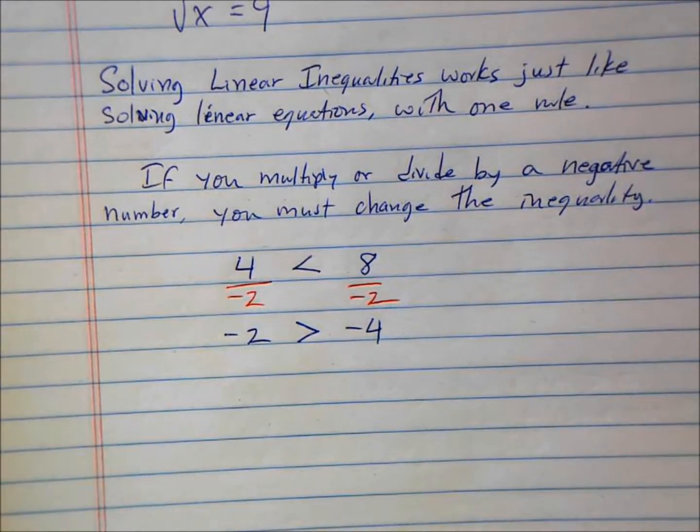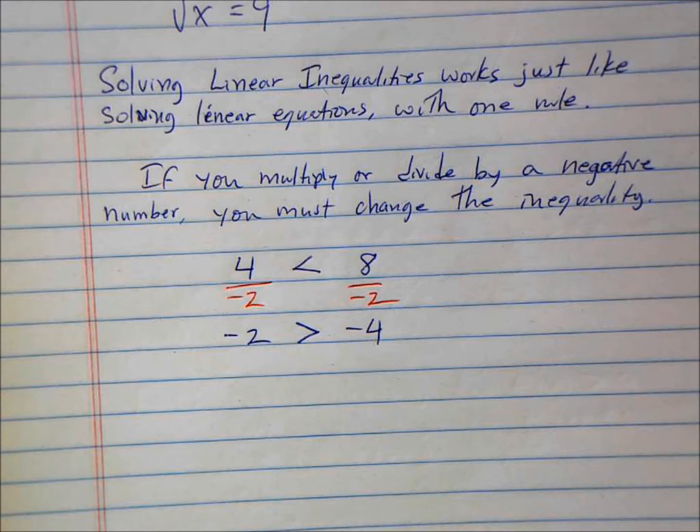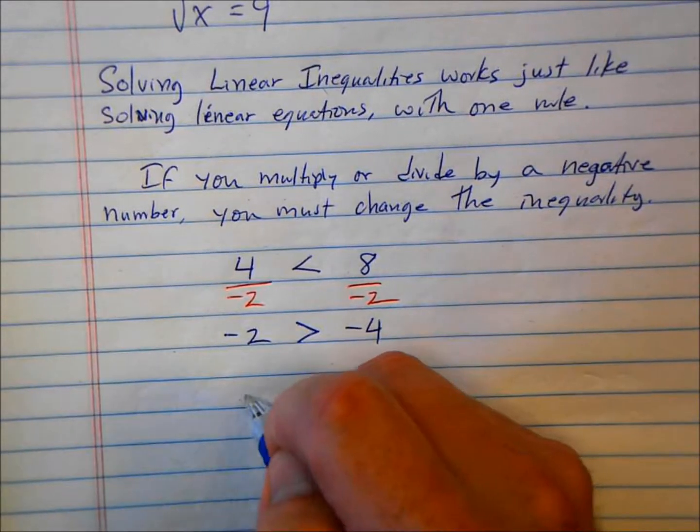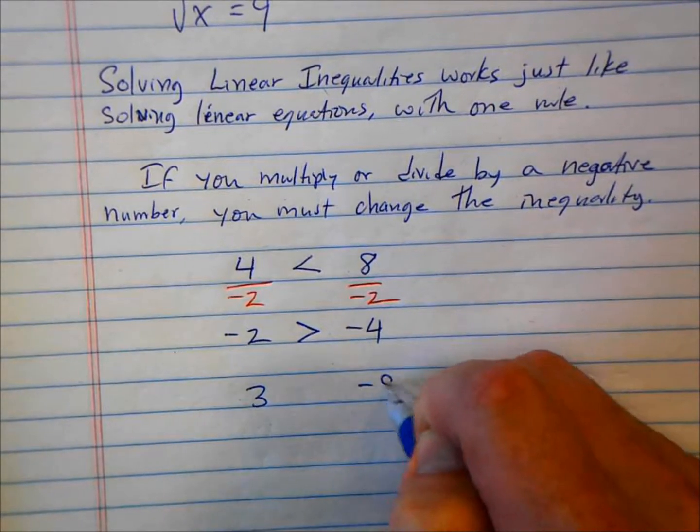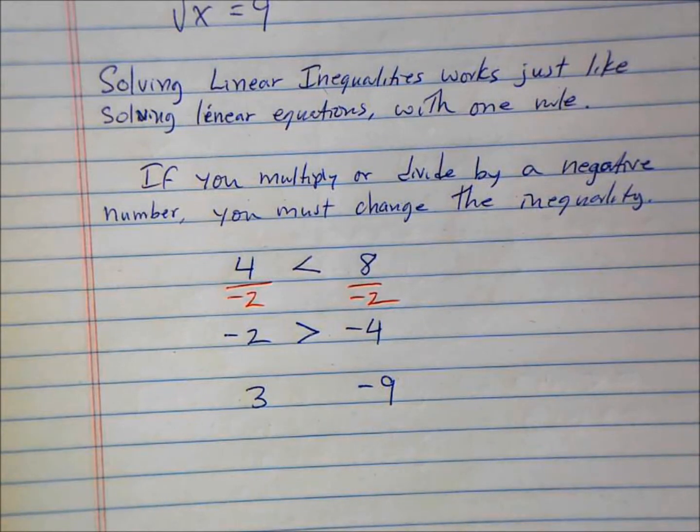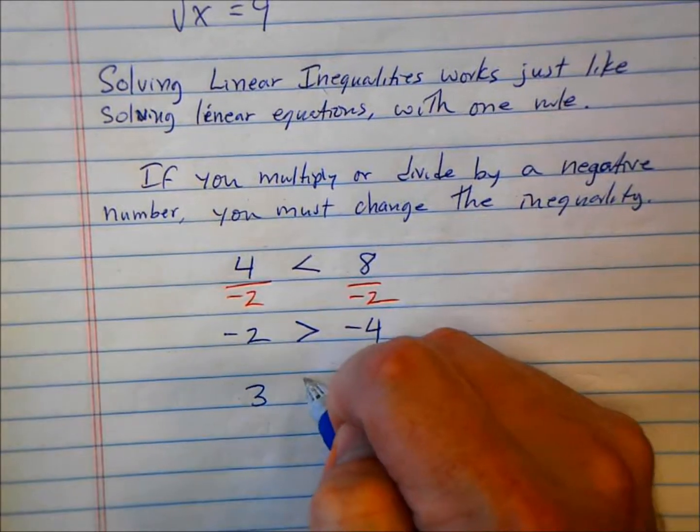Okay? Let's start with two new numbers. How about one positive number and one negative number? Anybody got one positive number and one negative number? 3 and negative 9. So there's 3, there's negative 9. Is 3 less than negative 9 or is 3 greater than negative 9? I'm even going to use greater than or equal to.